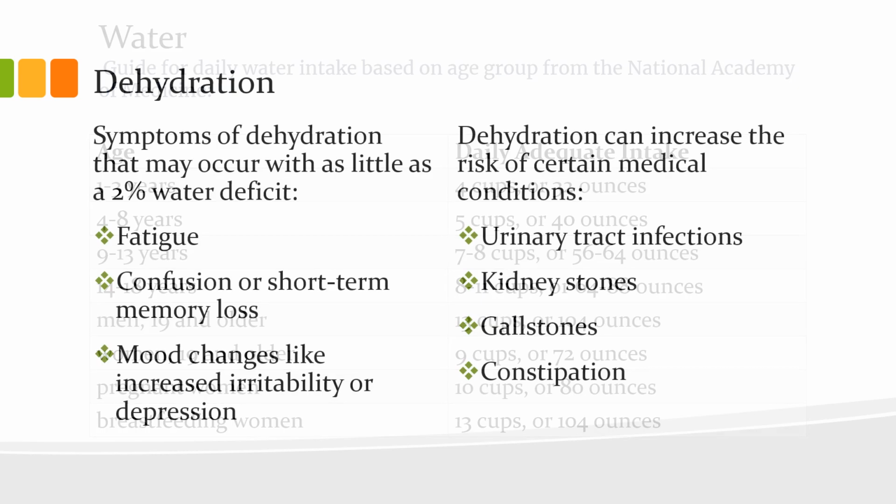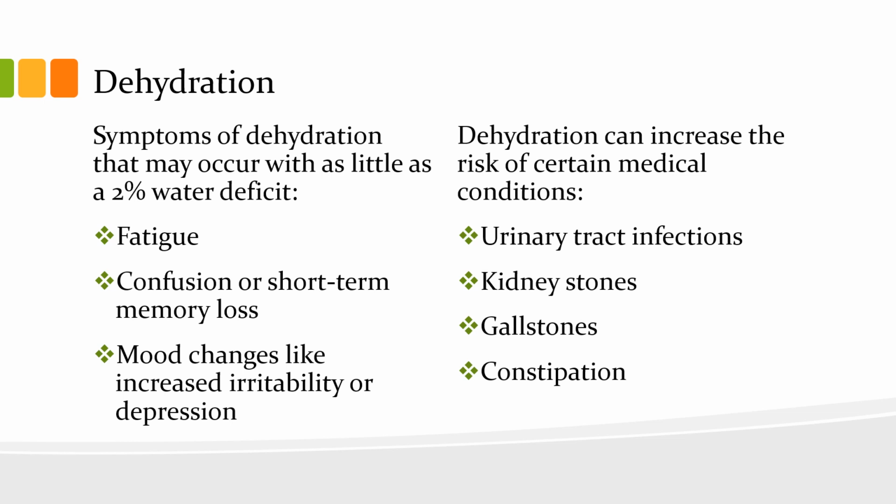And if you're not taking in enough, we could have dehydration. We were talking about thirst being an indicator earlier, and typically when you're thirsty, that's a sign that your body needs fluid, so you're going to replenish that.